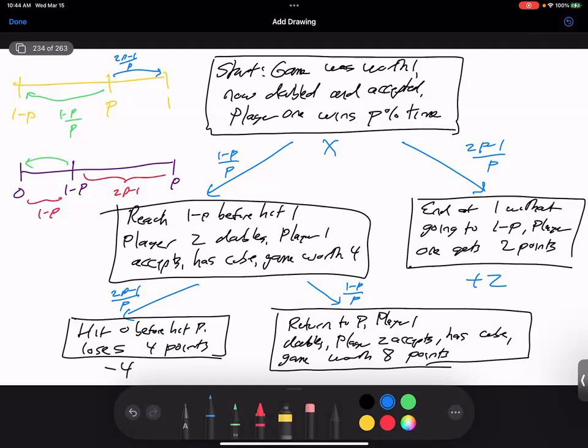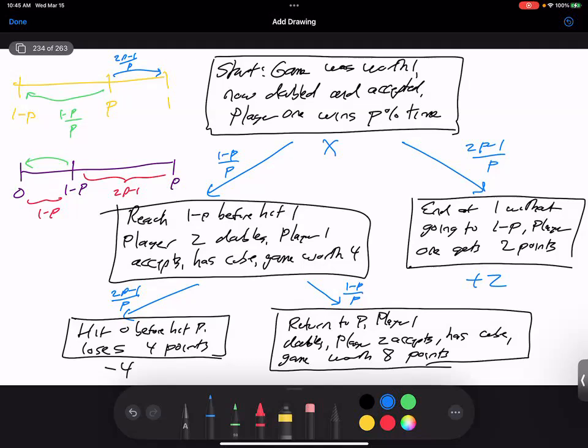So X is the expected value when the game was 1 point, player 1 doubles, player 2 accepts, player 2 has the cube, and the probability of winning was P. Look at how much we have in common. Player 1 has just doubled, player 2 has just accepted, player 2 has the cube. The probability of winning is P. Initially, the game was worth 1 when player 1 made the initial double, which was accepted.